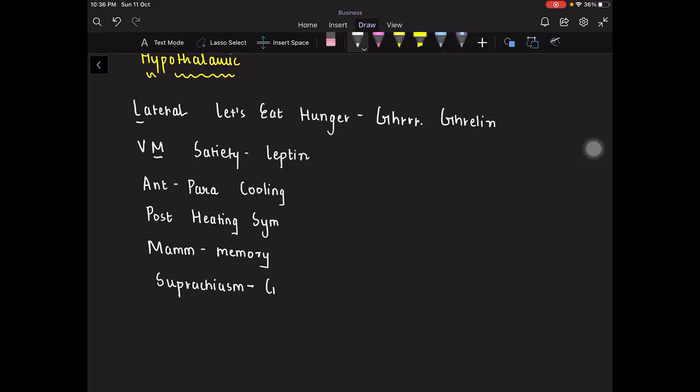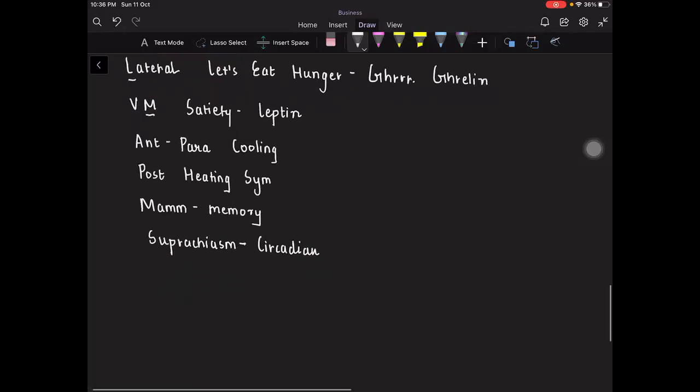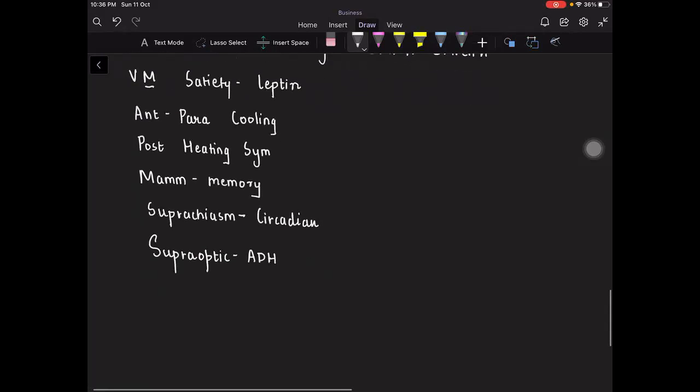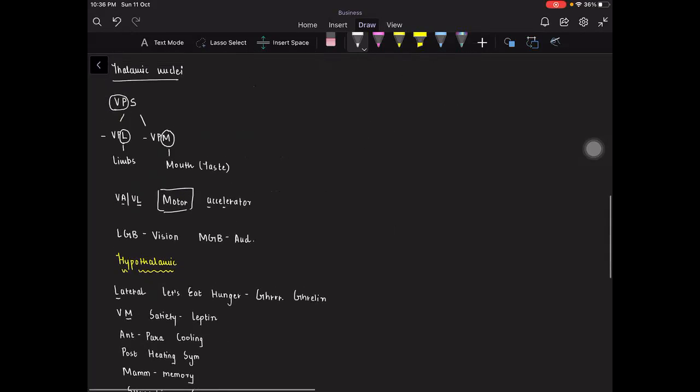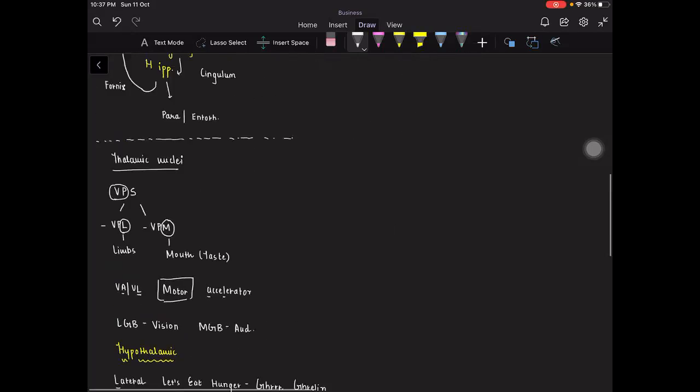Circadian rhythm. Supraoptic for ADH. Good. Paraventricular for oxytocin. Right. All right, so these are essentially your nuclei for your hypothalamus and your thalamus.